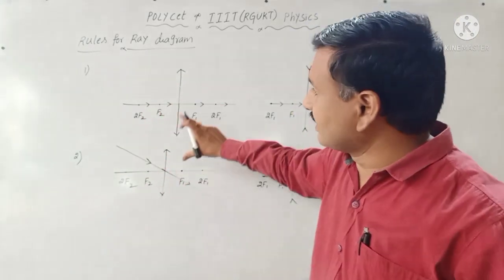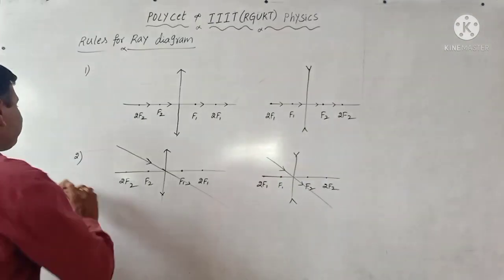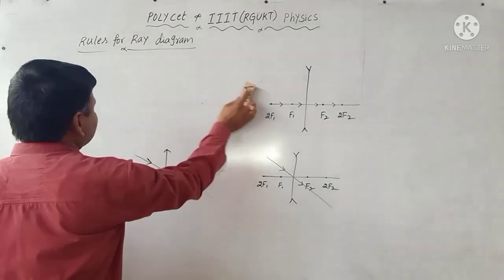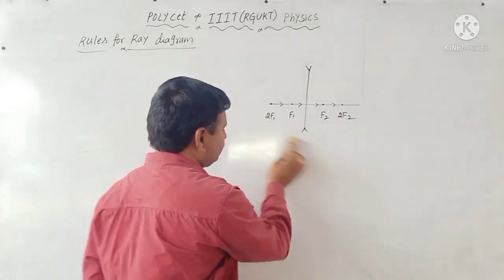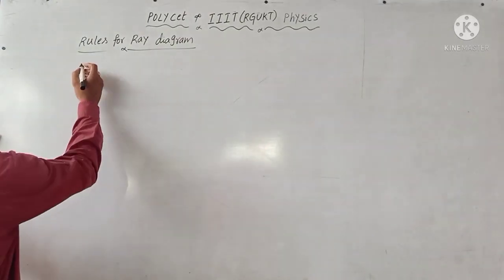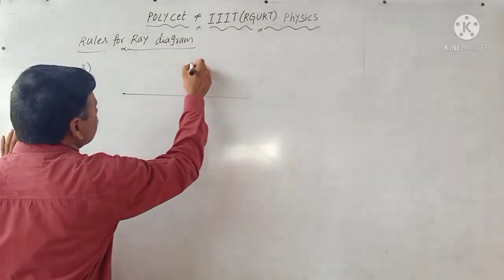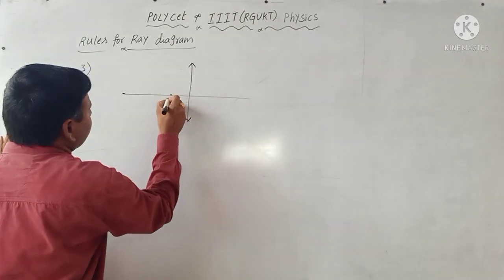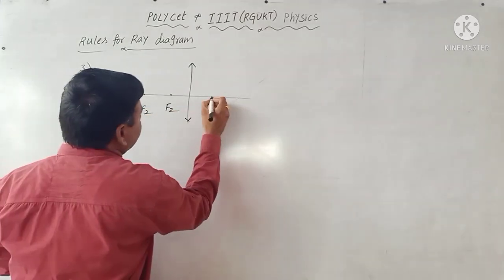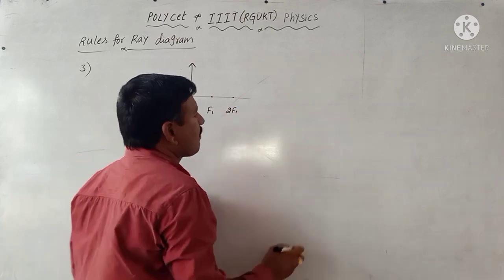Okay. Now we go to situation 3. What is situation 3? Again here F2, here 2F2, and here F1 and 2F1.